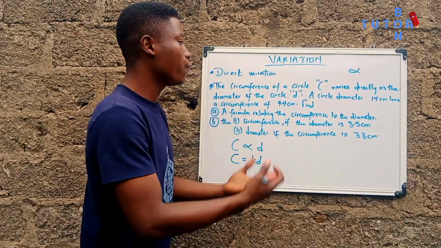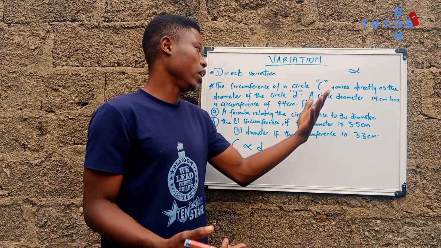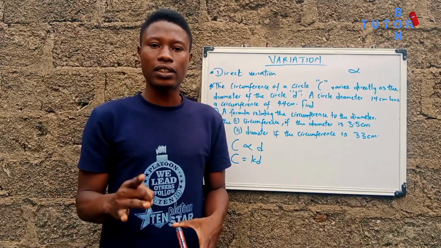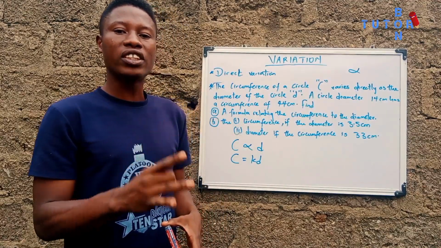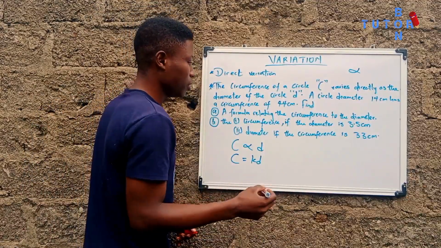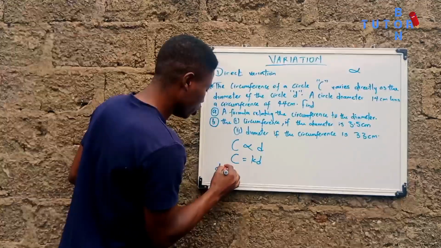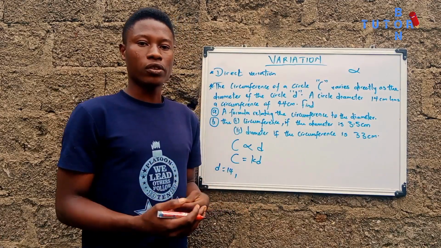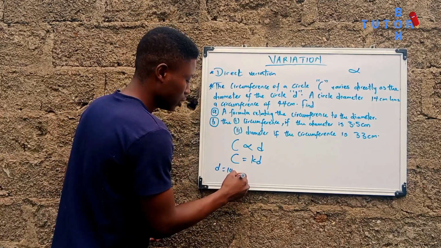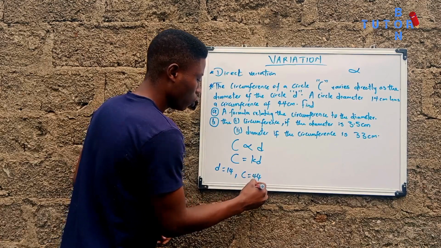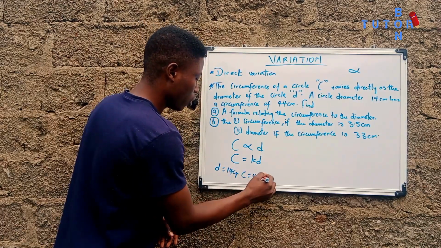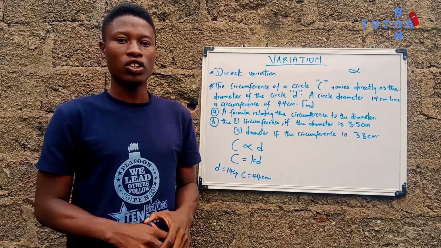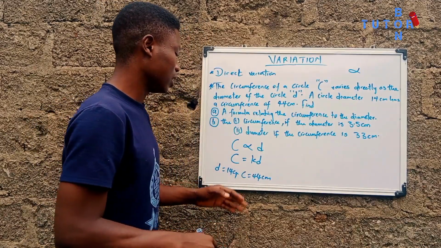If we go further, the question says a circle has a diameter of 14 centimeter, that is, D is 14, and a circumference of 44 centimeter. Don't forget we are working in centimeter. It's very important not to leave your unit aside.